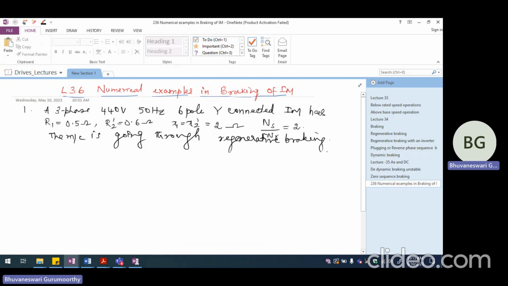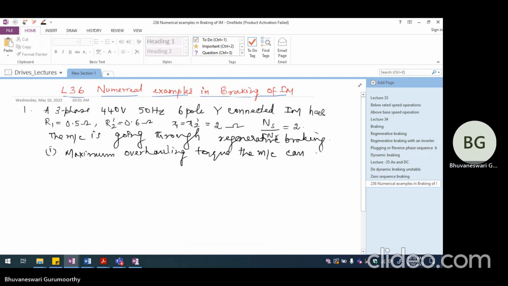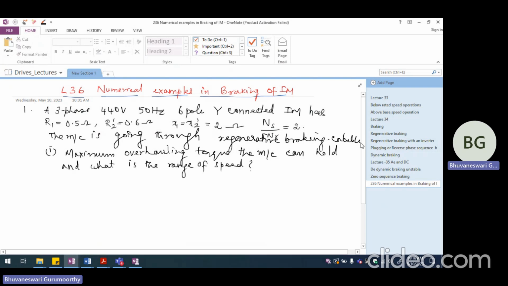So under this condition, what is being asked is, what is the maximum overhauling torque the machine can hold, and what is the range of speed under which it can go through the regenerative braking operation. So this is the first subdivision that is being asked.